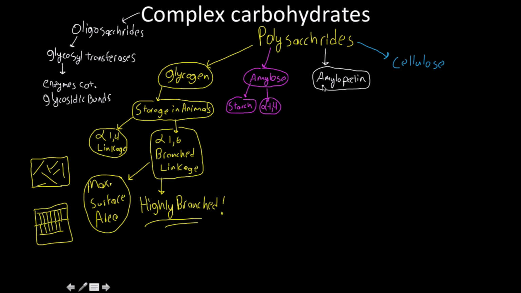It's like the glycogen of plants. So yes, it has the alpha 1,4, but it also has the alpha 1,6 linkage. But this is less branched than what we had from this.